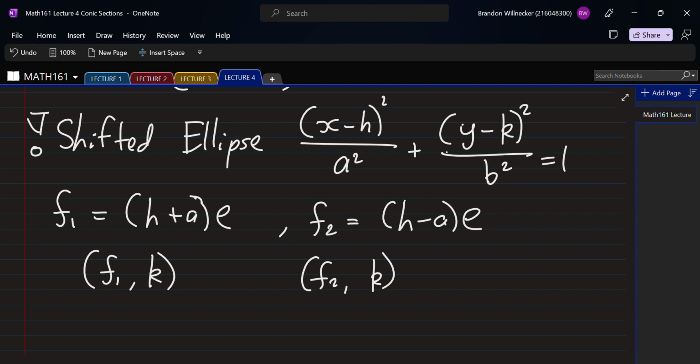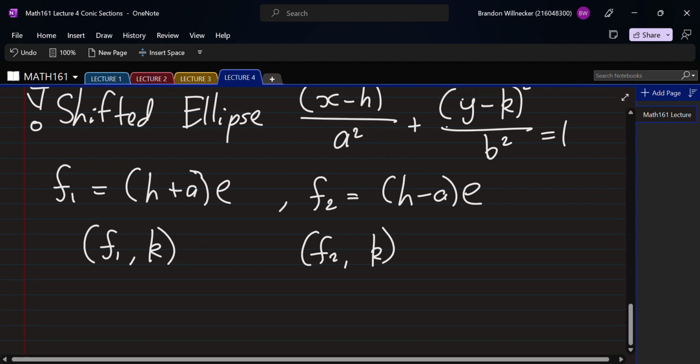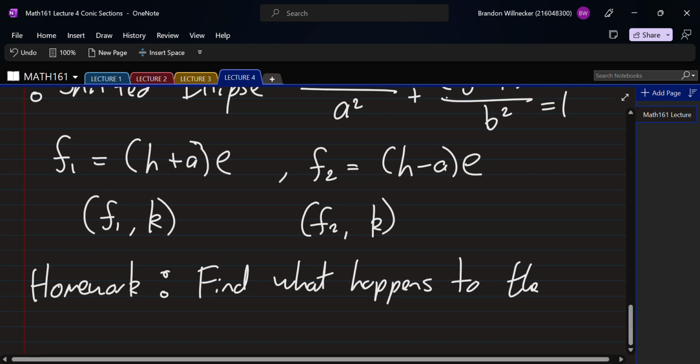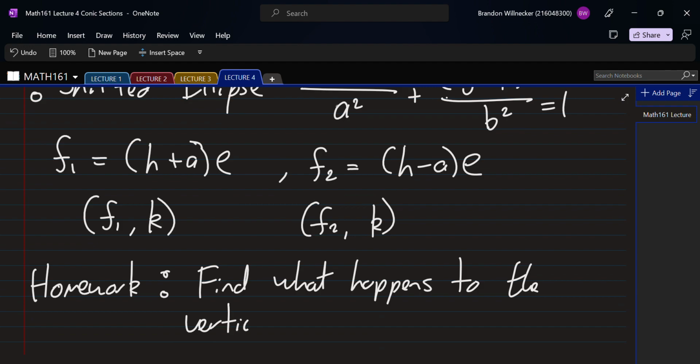Okay, and I'm going to leave the vertices as a homework problem. Okay, so homework problem. Find what happens to the vertices for a shifted ellipse.